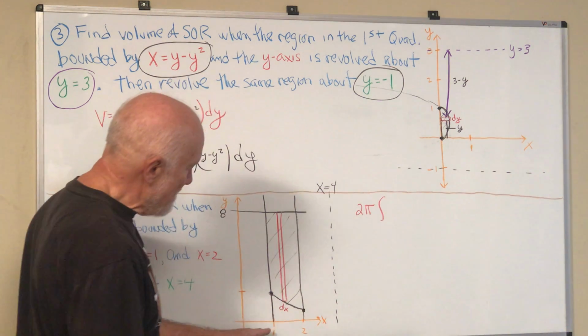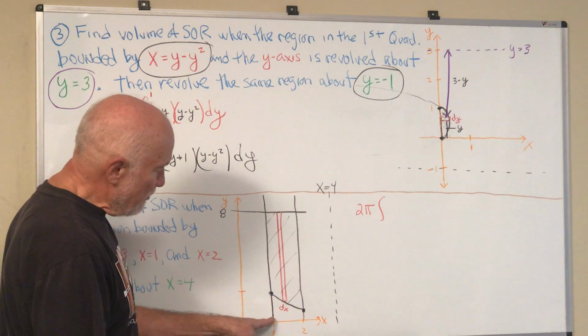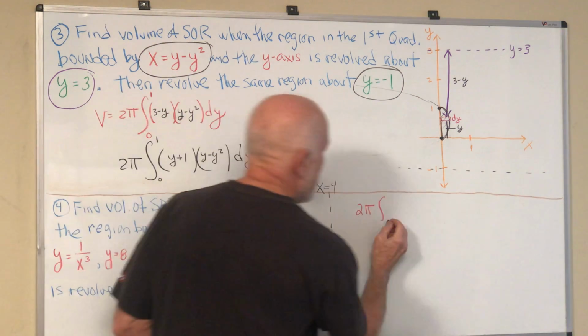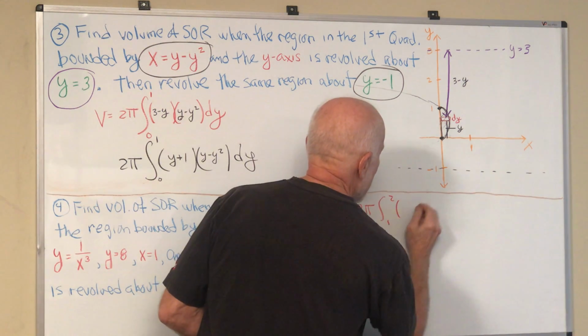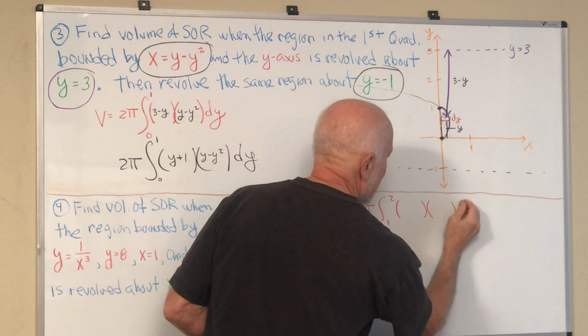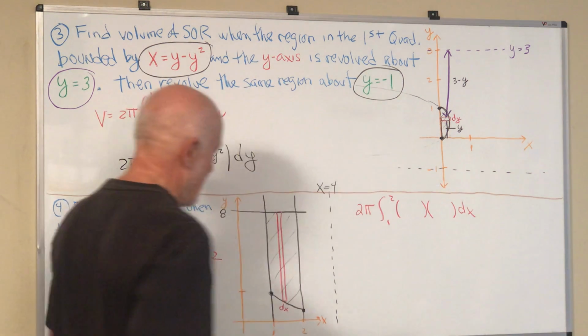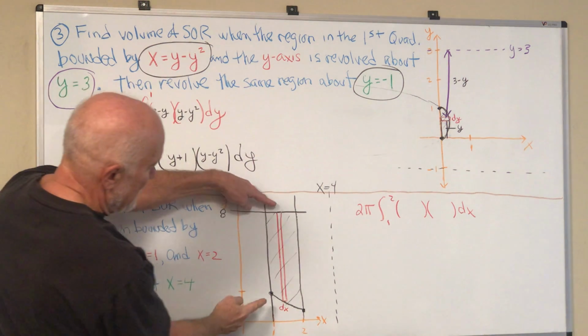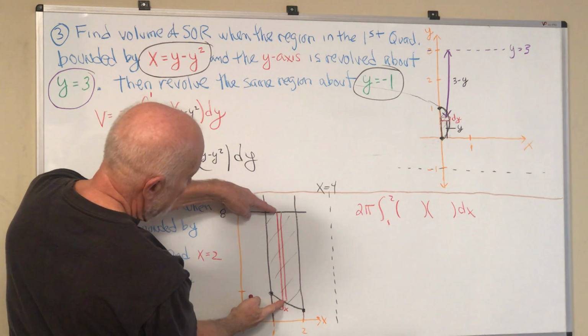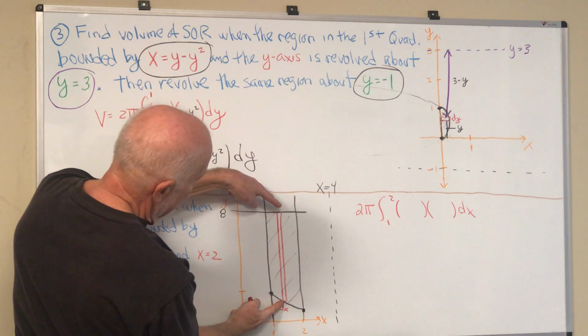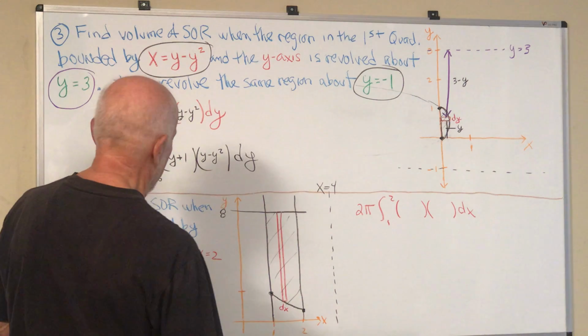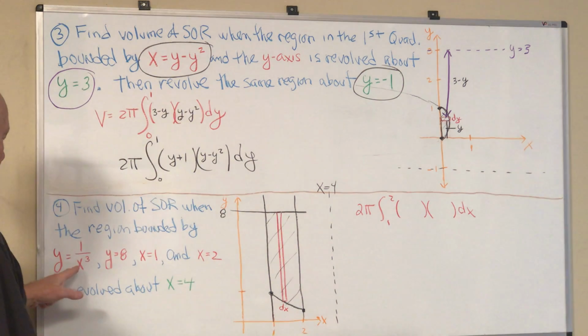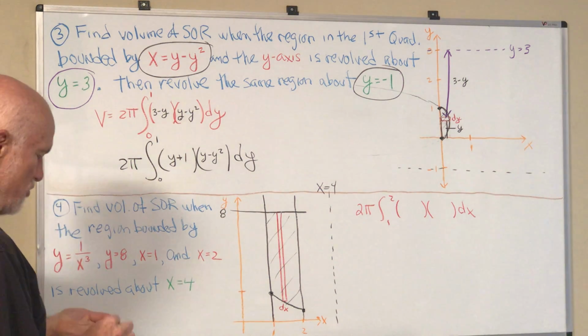And where are you going to add them up from? From x equals 1 to x equals 2. We always need two things. And how do I get them? Well, the height of the shell is going to be from this y value to this y value. So it would be 8 minus 1 over x cubed.